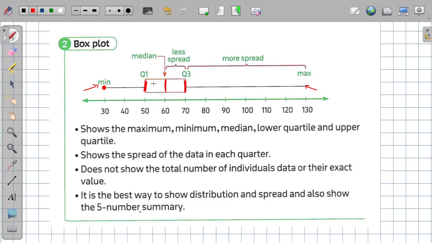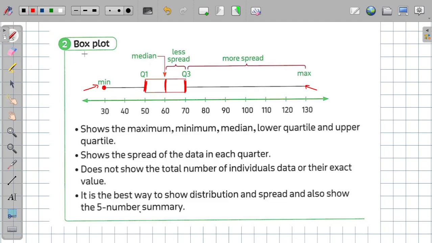Okay, and if the space between 2 lines is very little, the data inside this area is less spread than other spaces. So if we have the space between 2 points or two numbers of the number summary of any individual data, we can say this space is more spread than other spaces.